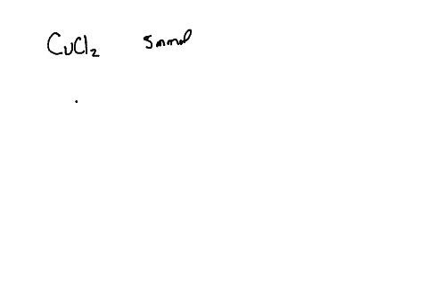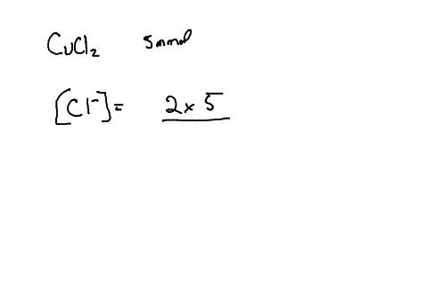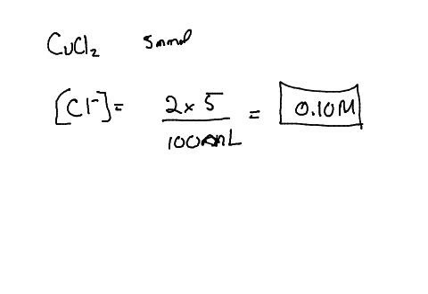The concentration of the Cl negative will be equal to 2 times 5 over our total volume. Our total volume was 100, 50 milliliters plus the 50 milliliters, and that 2 times 5 is 10, so 0.10 molar. So that's our chloride concentration.